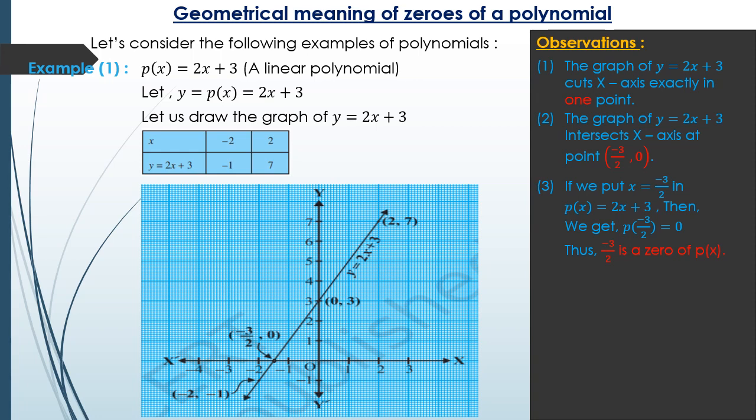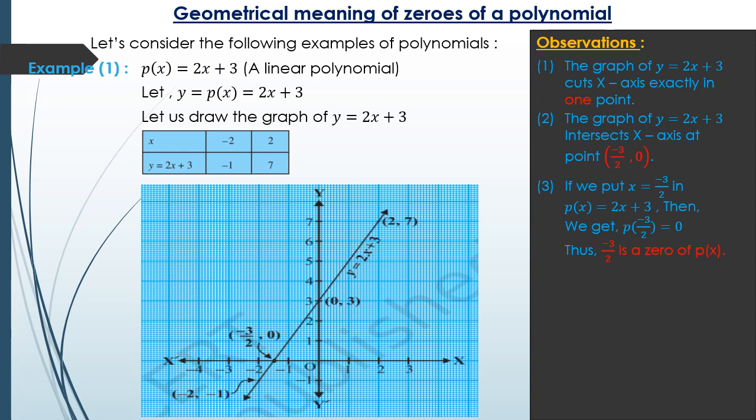Which means if we put x equal to -3/2 in p of x equals 2x plus 3, the value of the polynomial p of x at x equals -3/2 is 0.